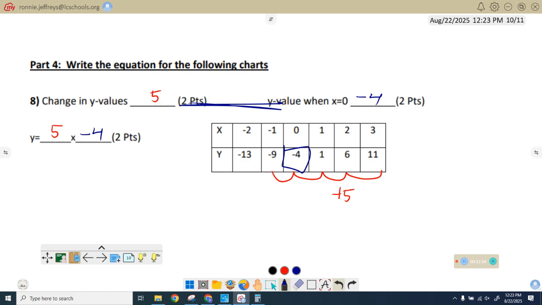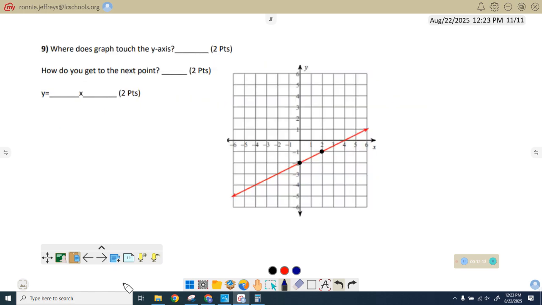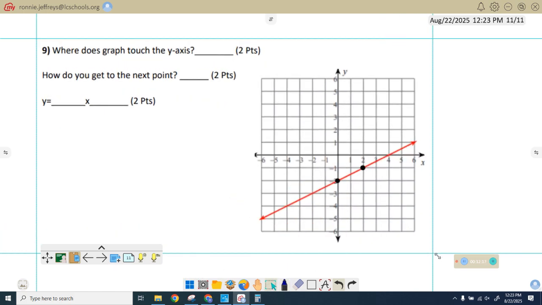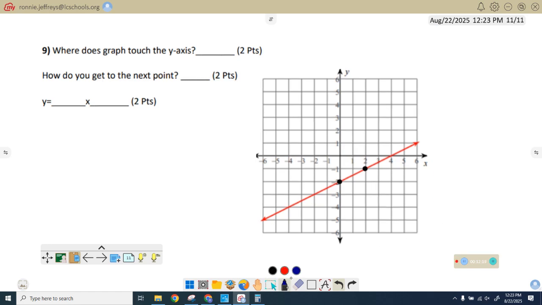And number 9. Let me make this a little bit bigger. All right. Where does it touch the y-axis? Well, that's our k. This is negative 2, so that goes here. Now, how do you get to the next point?